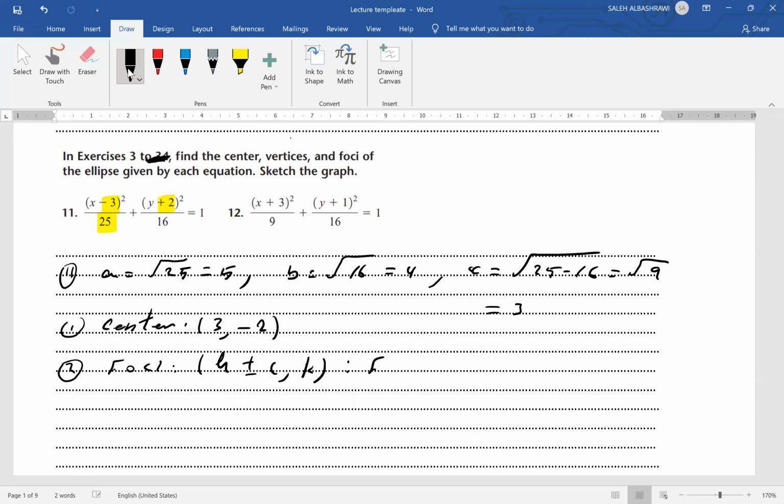I have F1 given by h, which is 3, plus c, that will be 3, and minus 2, which is equal to 6 and minus 2. And F2 will be 3 minus 3 and minus 2, that will be 0 and minus 2.